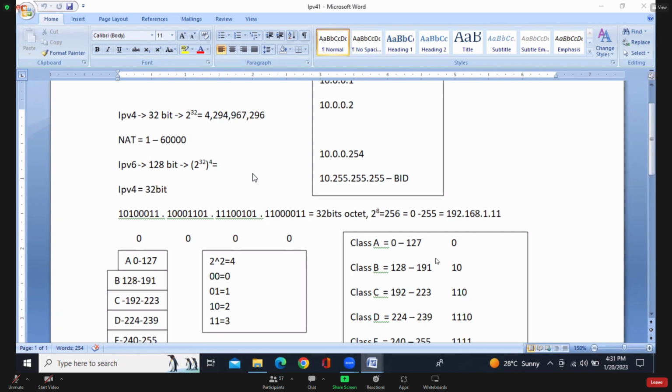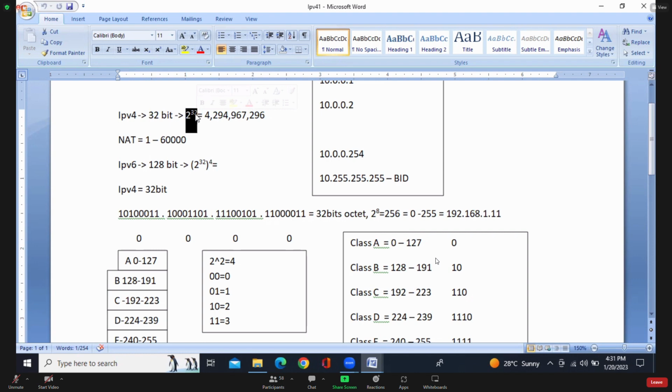Coming to IP addresses, we have two versions, IPv4 and IPv6. IPv4 is a 32-bit addressing. 2 to the power of 32 is the formula for knowing the number of combinations in IPv4.